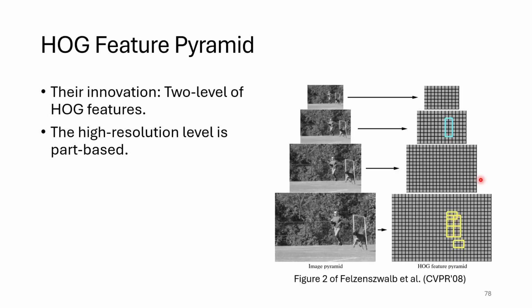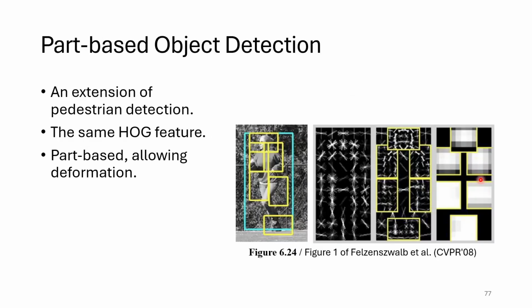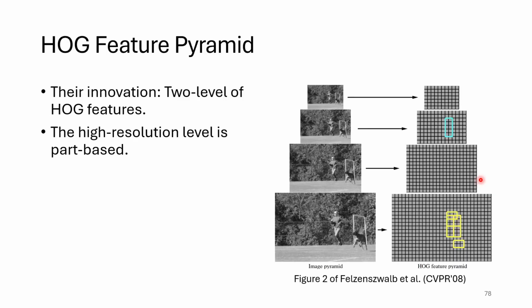So, you can see here, what feature does the method use? The same HOG, but it creates a multi-level detection. From an image pyramid, they can create a HOG for the smallest one, a slightly larger resolution, and even the largest one.